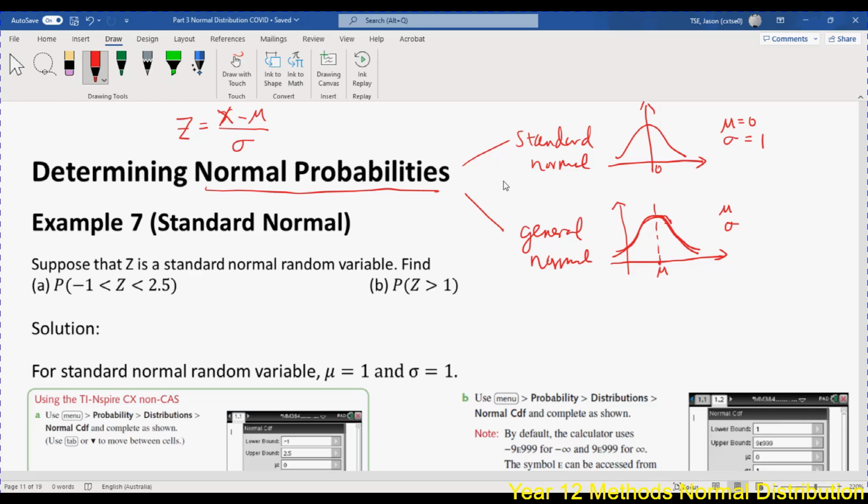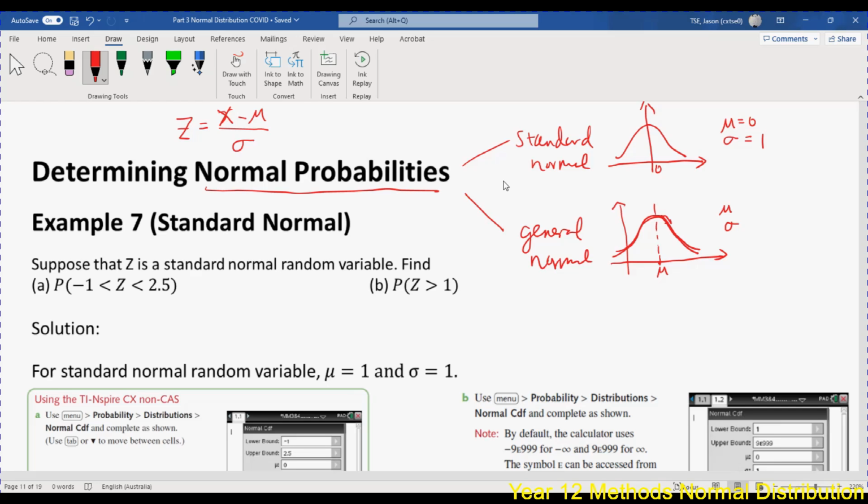To find the probabilities, we've learned that in a continuous distribution we can integrate the density function. But for the normal distribution, it's quite impossible to use integration because the density function is very difficult to integrate.